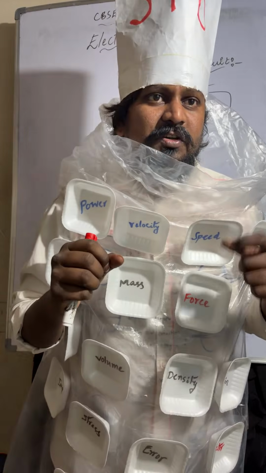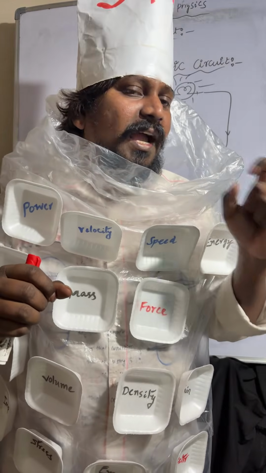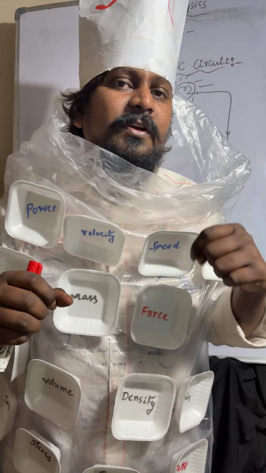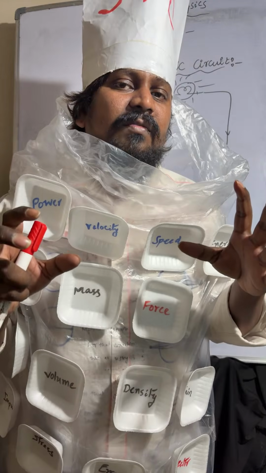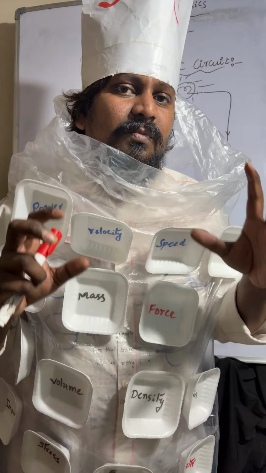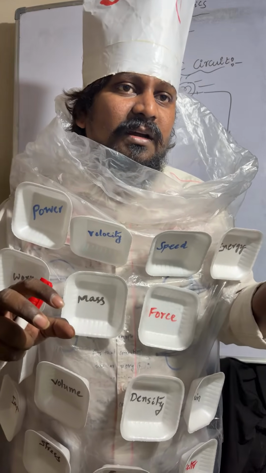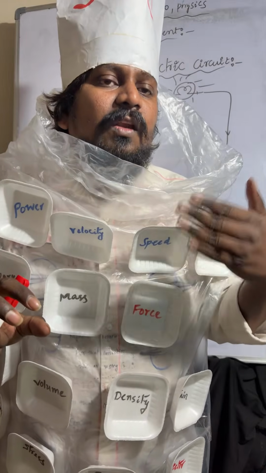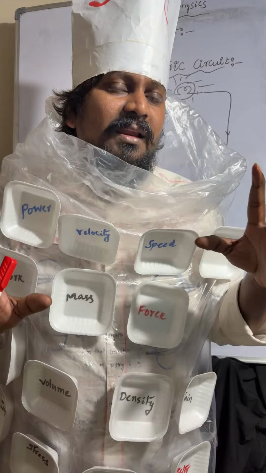There is one question on it: will electrons flow from high potential to low potential or low potential to high potential? Remember one point: electrons always move from low potential to high potential. I hope it is very clear, right?